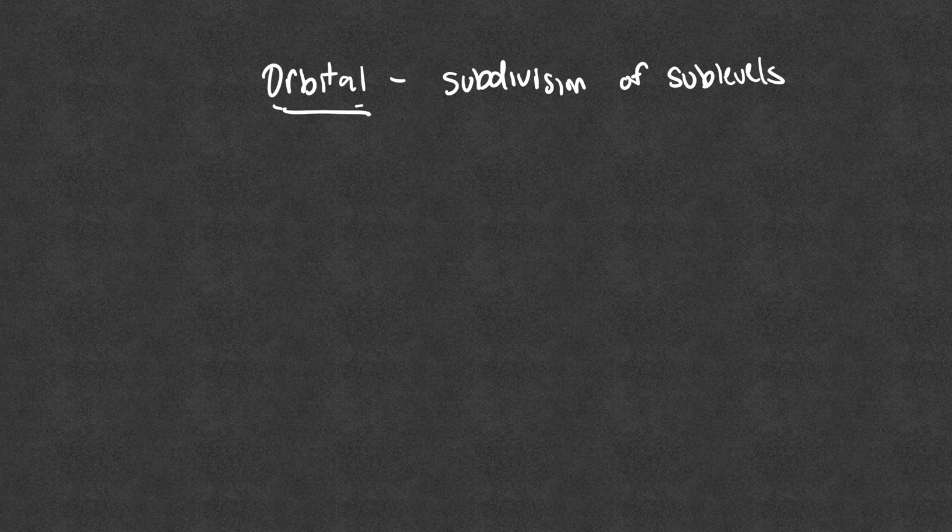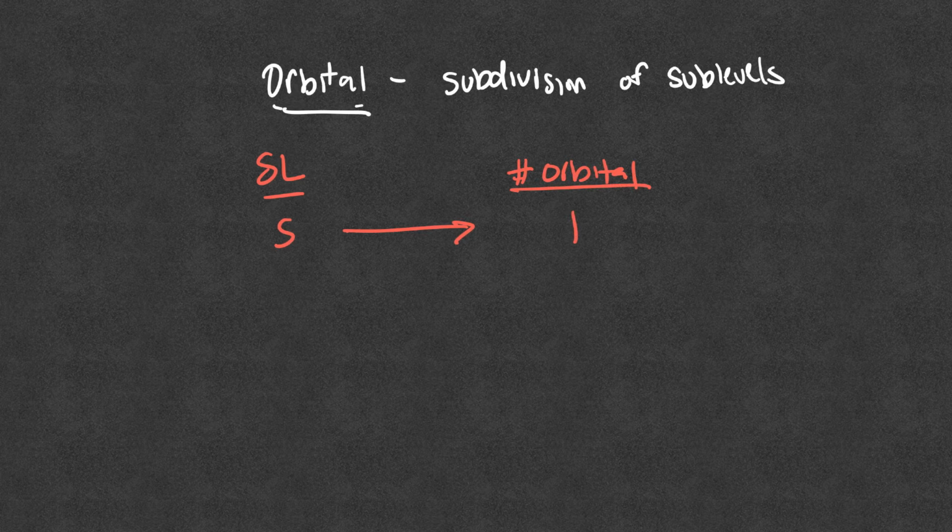So for example, sublevel S has one orbital. Anytime we're talking about sublevel S, there's only one orbital within that sublevel.